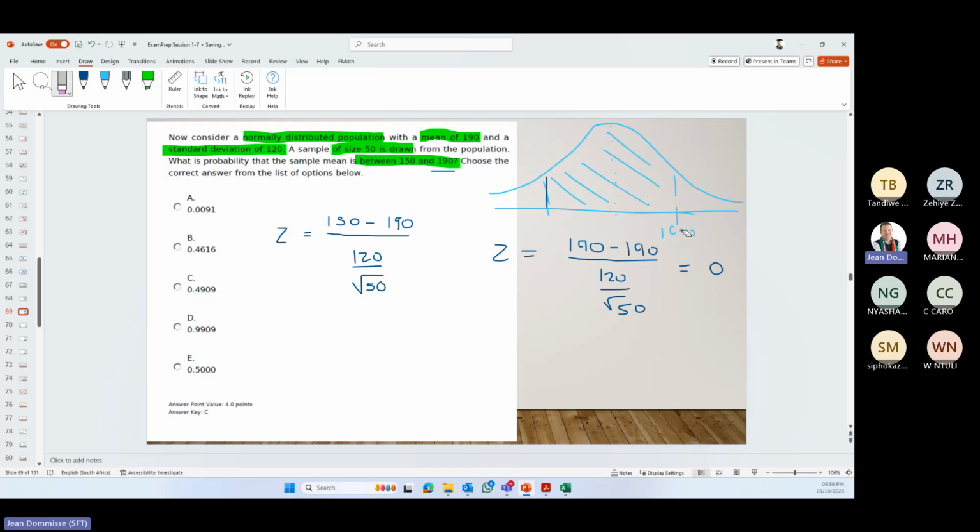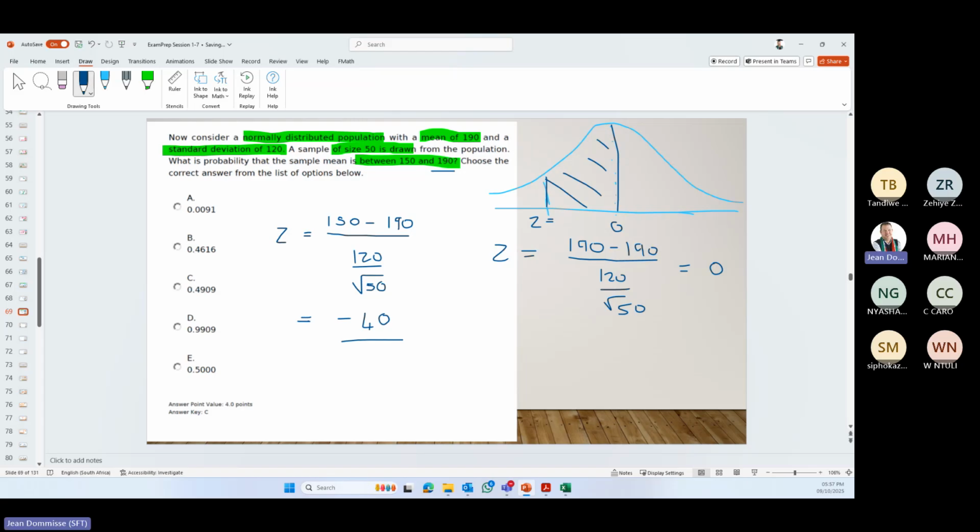This 190 is going to be exactly on the 0 mark. So this is the area that we need to work out. Whatever this z is going to be is the determinant of what we're going to get. So let's see, 150 minus 190 is minus 40.